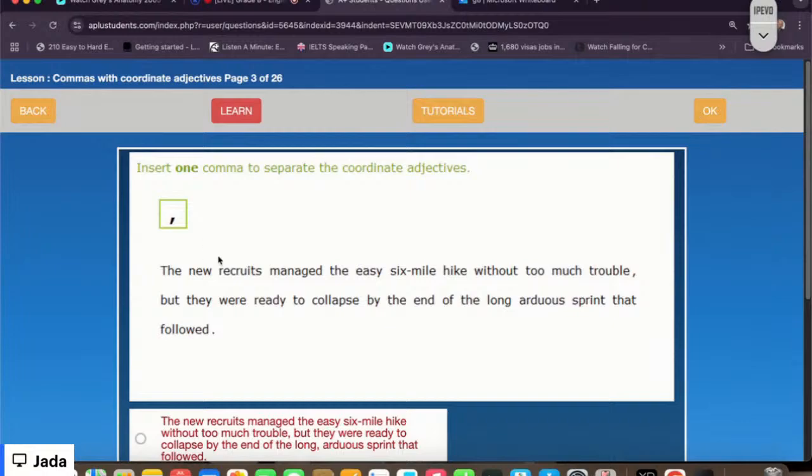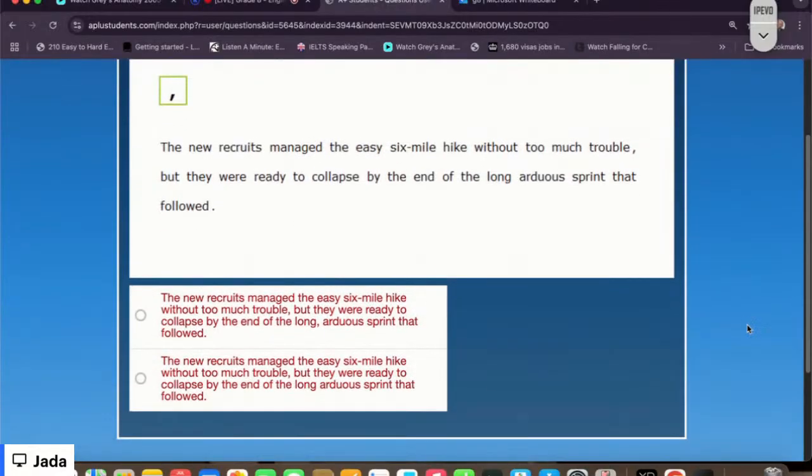The new recruits managed the easy 6 mile hike without too much trouble, but they were ready to collapse by the end of the long, arduous sprint that followed. Is it going to be the first or second?